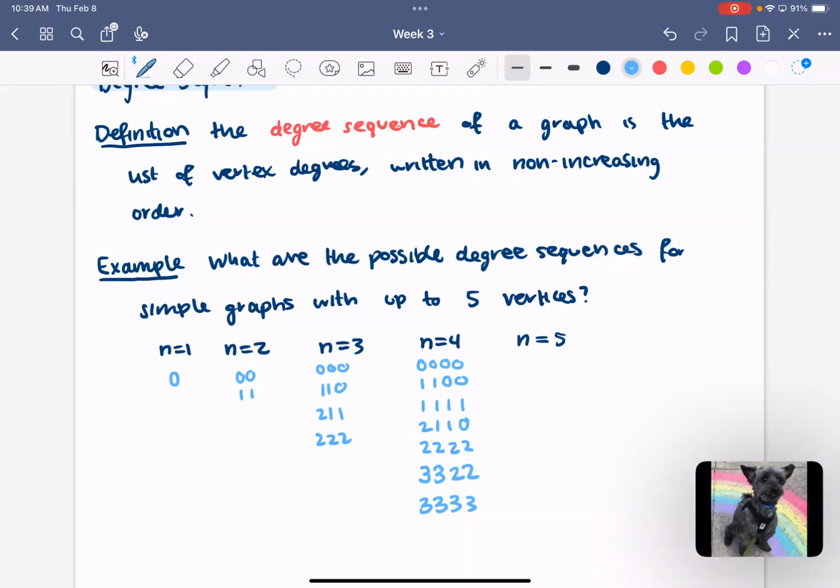So is it possible to have two graphs that are different, not in the same isomorphism class, but that have the same degree sequence? I can't even think of an example. You have like one cycle and then like two cycles.